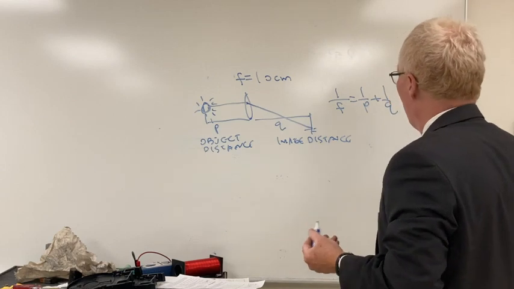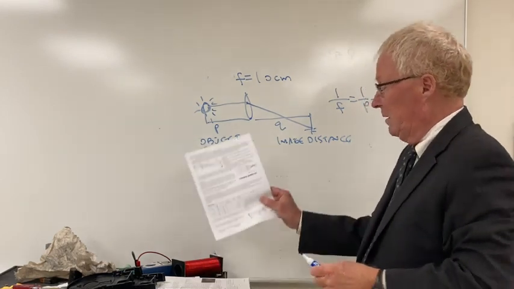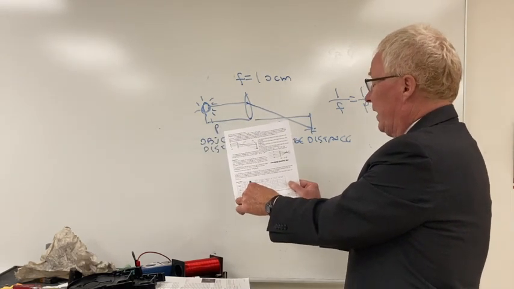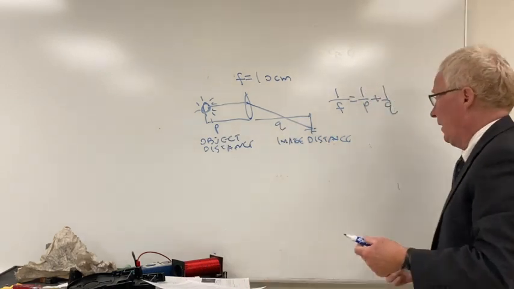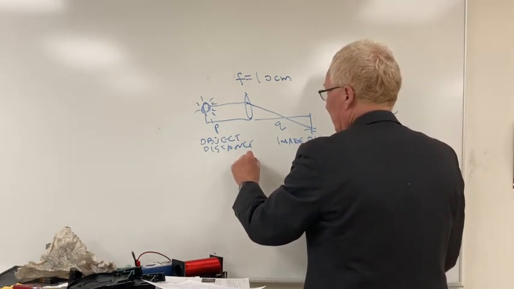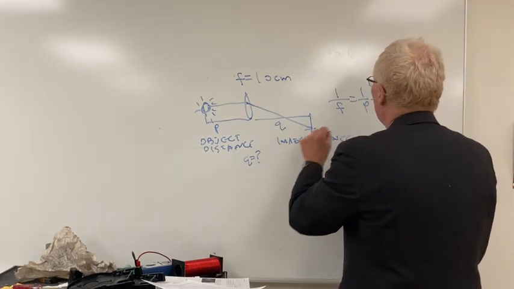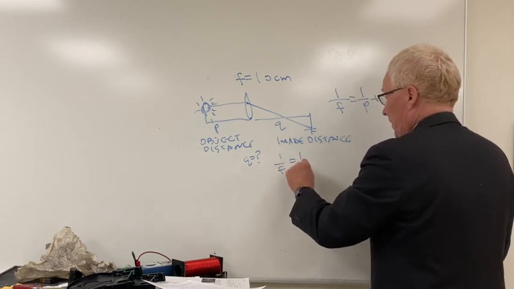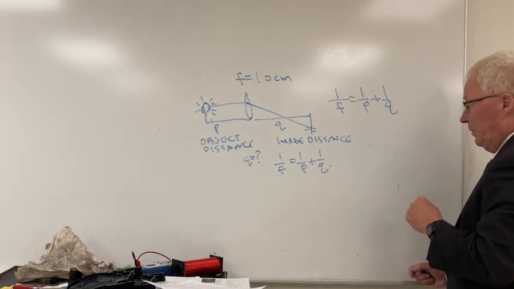So what we're going to do for the lab is, given a focal length and an object distance, calculate where the image should be. So we're going to want to find Q given P and F. The way we do this is we rearrange: 1 over F is 1 over P plus 1 over Q, and you can go through the algebra yourself.